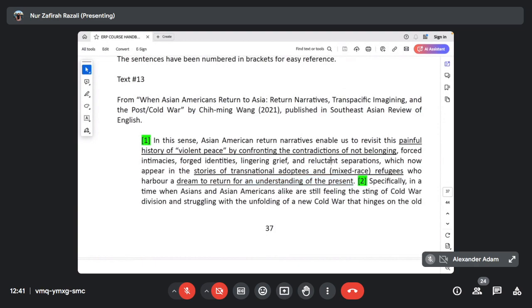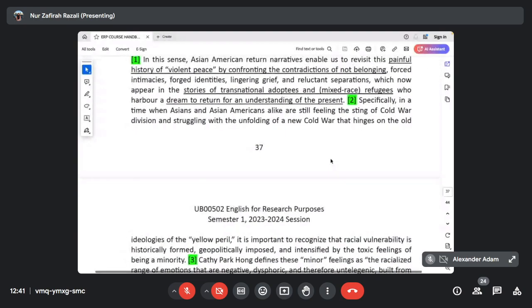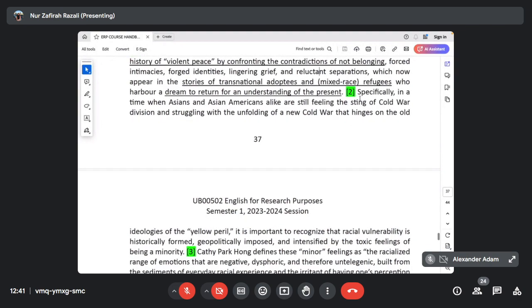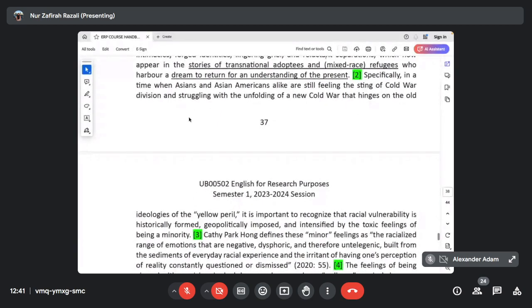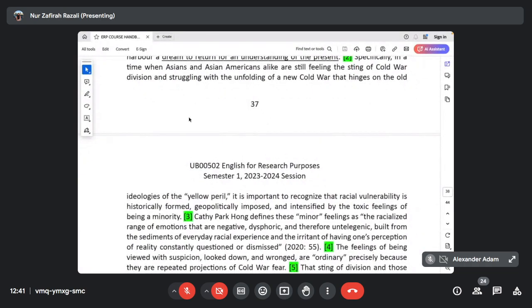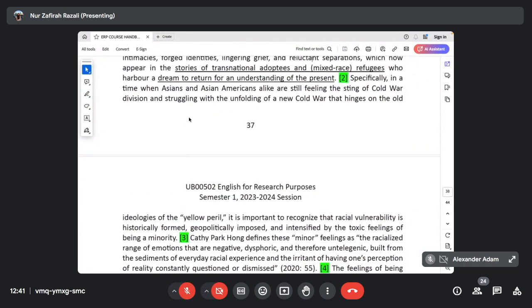Okay, now let's do this activity 2 together. Specifically in a time when Asians and Asian Americans alike are still feeling the sting of Cold War division and struggling with the unfolding of a new Cold War that hinges on the old ideologies of the Yellow Peril, it is important to recognize that racial vulnerability is historically formed, geopolitically imposed, and intensified by the toxic feelings of being a minority.